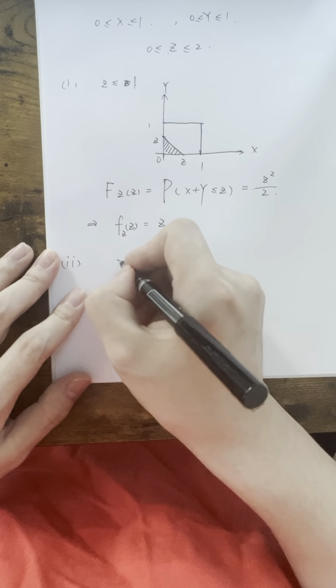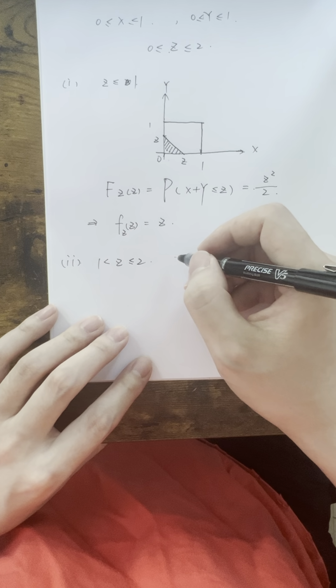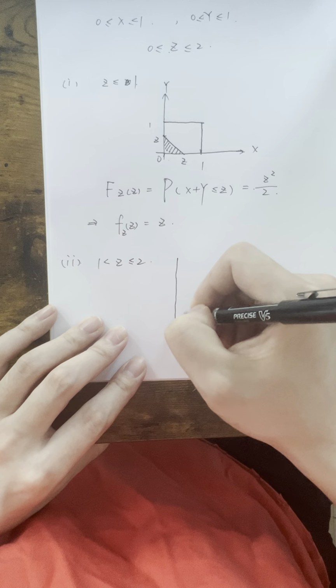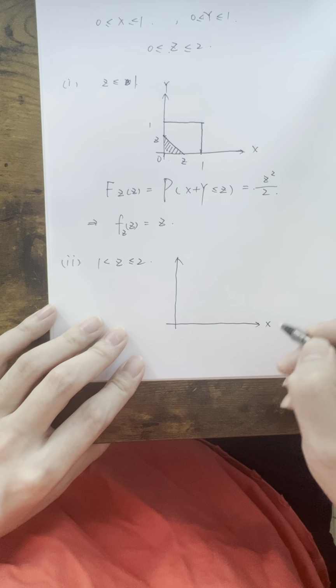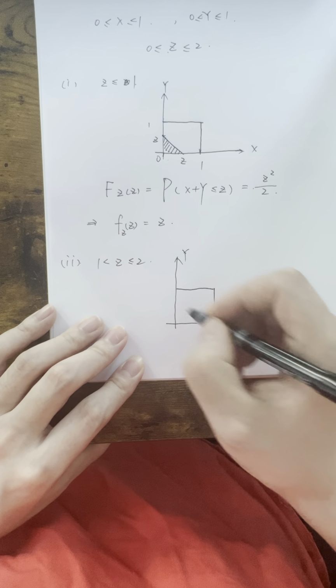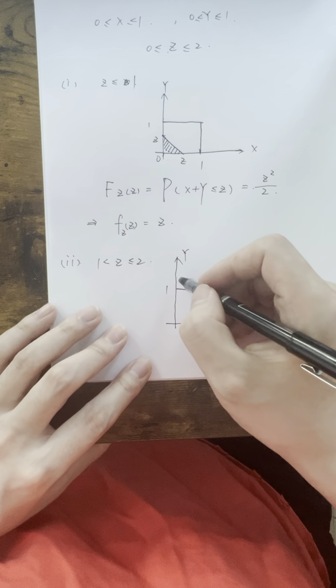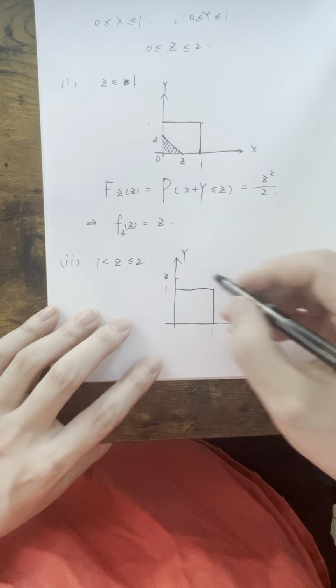Okay, now when z is greater than 1 and less than 2, its figure is also a square, 1 by 1. Z is greater than 1, so assume z is here.